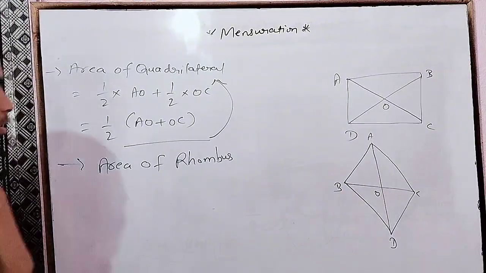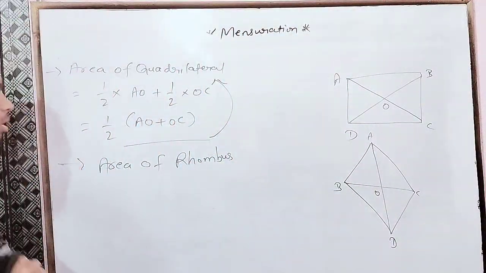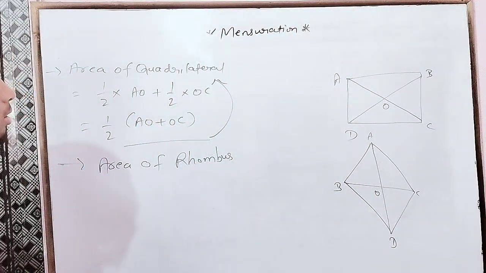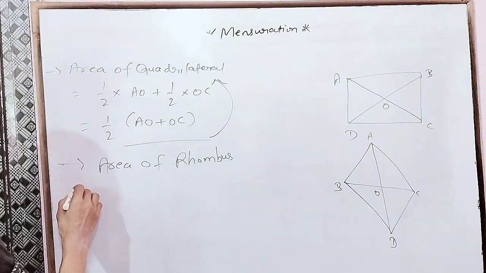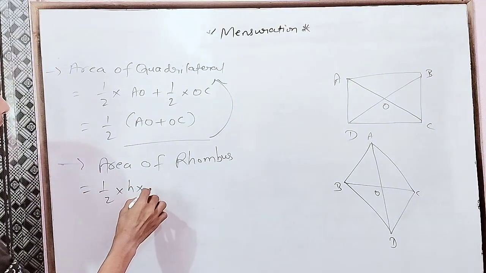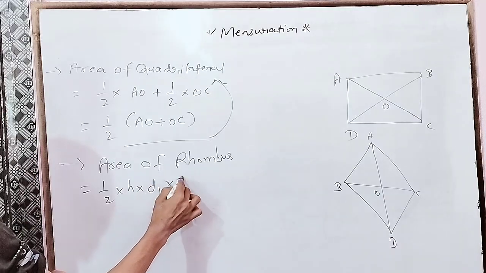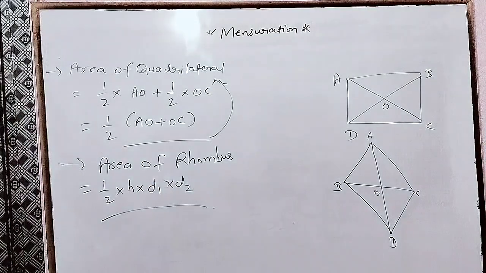For a rhombus, here we have two diagonals. So 1 by 2 multiplied by diagonal 1 multiplied by diagonal 2. This is the formula for this.